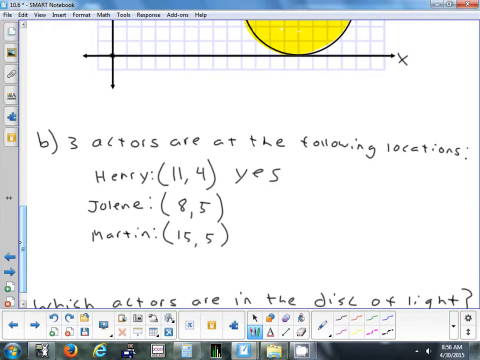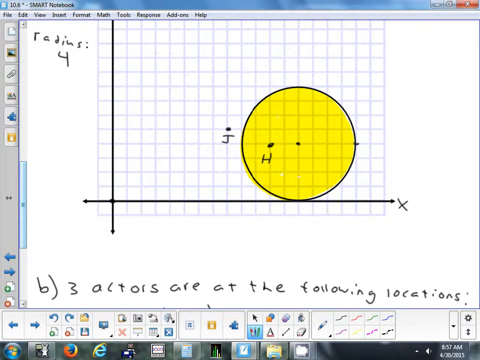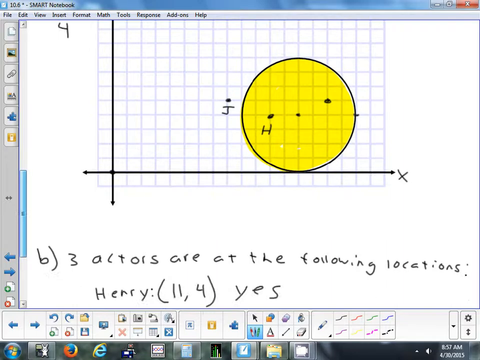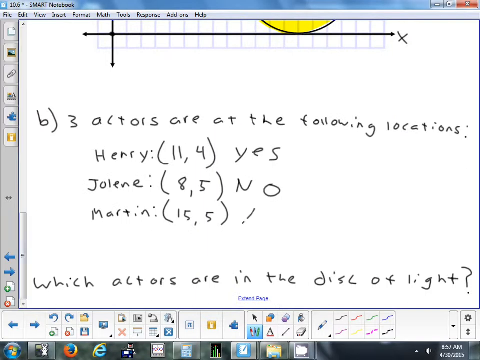No, she's outside the light. Martin, 15, 5. So we count 10, 11, 12, 13, and if I counted correctly, 15, 5. Is Martin going to be in the light? Yep, so he's going to be in the light.